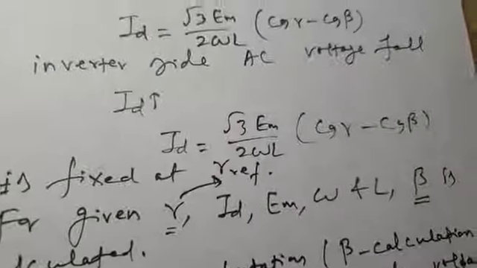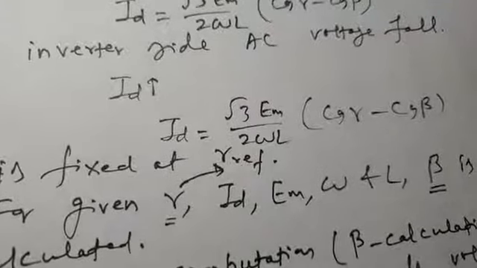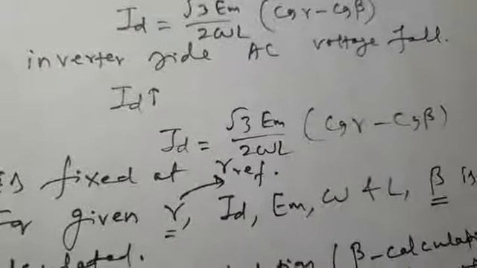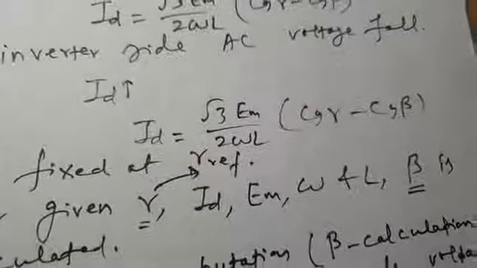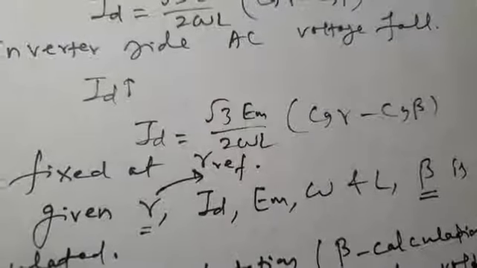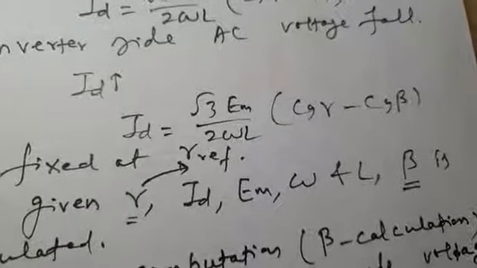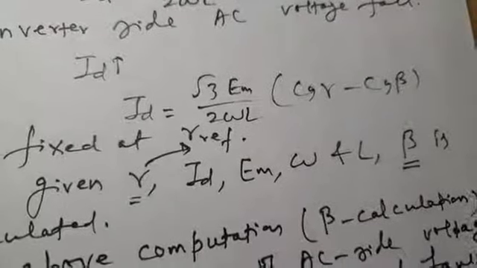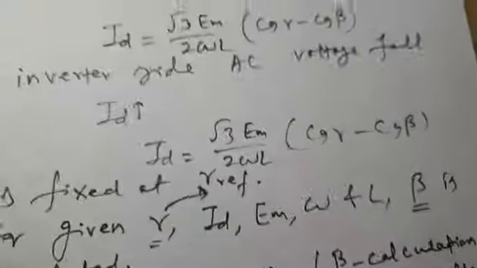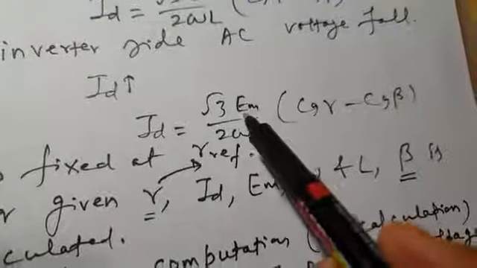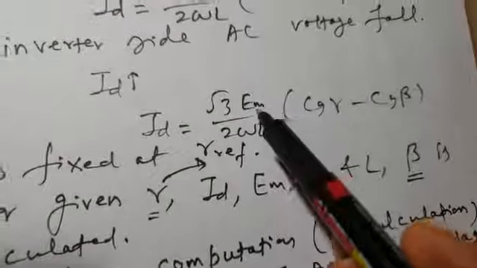But it is not necessary that there will always be a symmetrical fault; an asymmetrical fault may also occur. Examples of asymmetrical faults are line-to-line fault or line-to-ground fault. In case of a line-to-line or line-to-ground fault, the phase voltages of all three phases will not drop equally. There will be an unsymmetrical decrease in the voltage of the three phases. Your controller calculates beta assuming a symmetrical fault, that is, the decrease in EM in all three phases is assumed to be symmetrical.